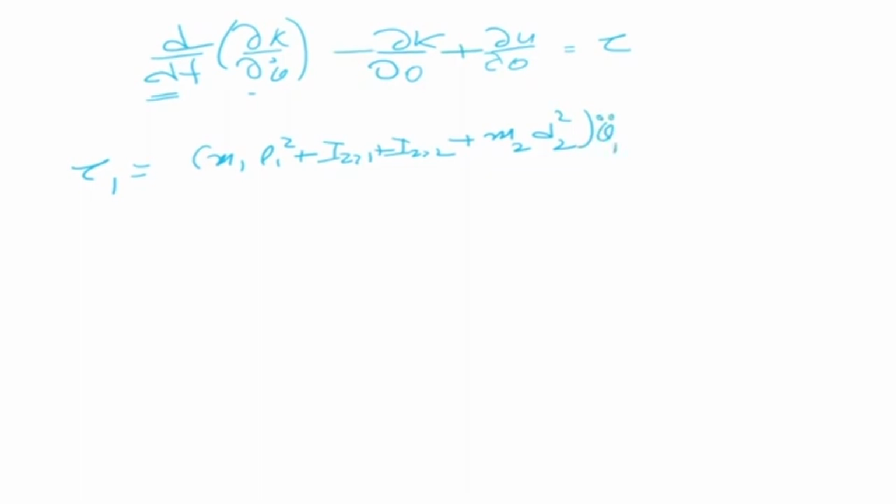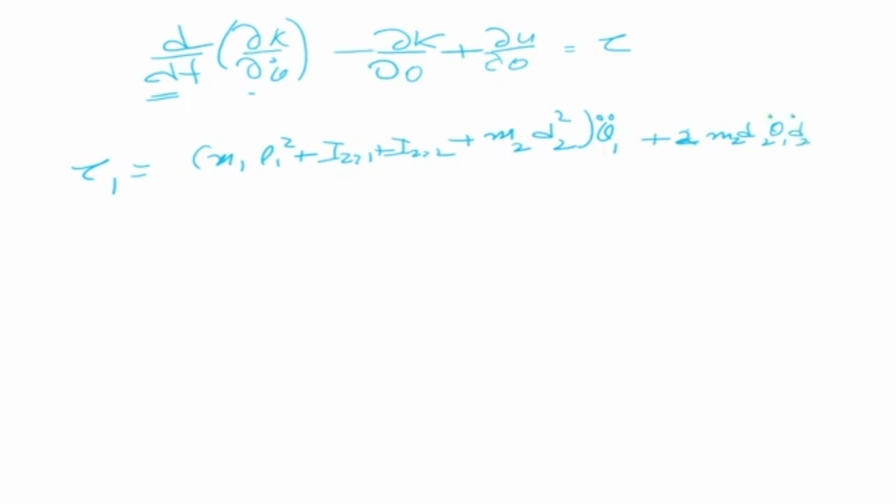This is one we have got, plus, because d2 is also there twice, there is a twice m2 d2 theta 1 dot and there is a d2 dot.